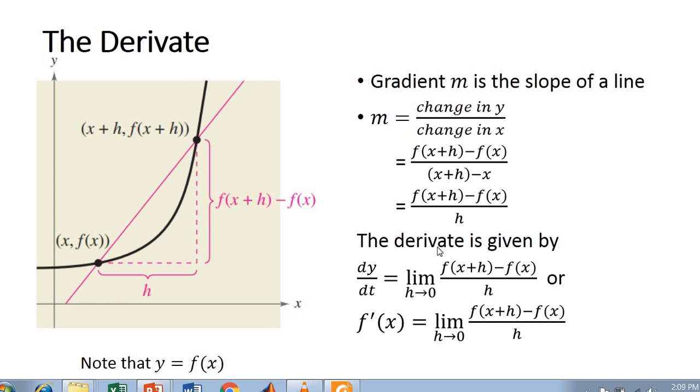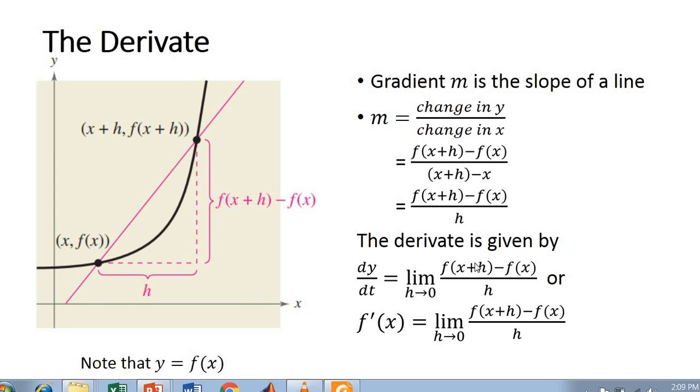The derivative is given by dy/dx, meaning change in y over change in x. Sorry for this t, it's supposed to be an x. And this should be the limit as h approaches 0, which means that the difference should be very small. This h should be very small, approaching 0.